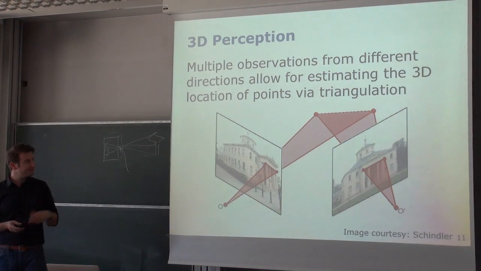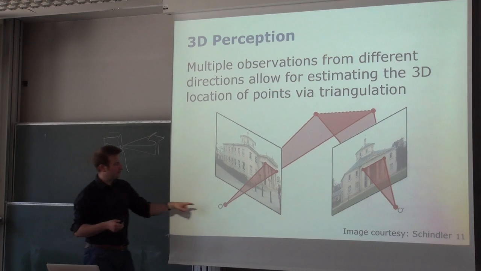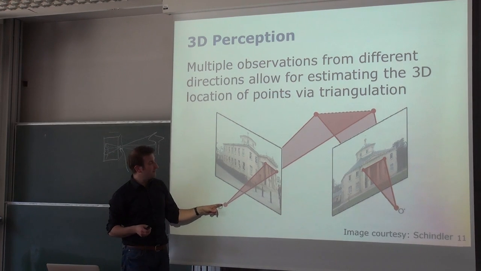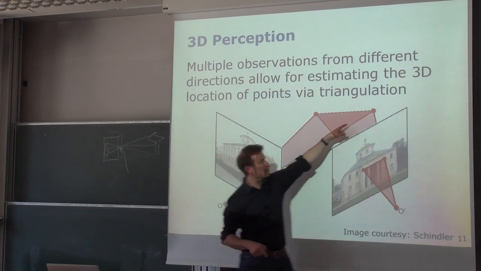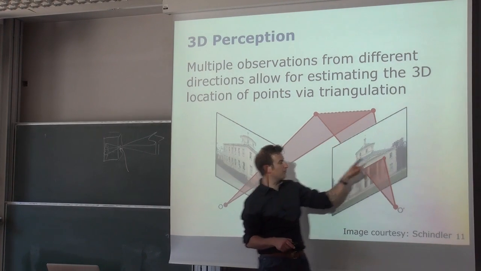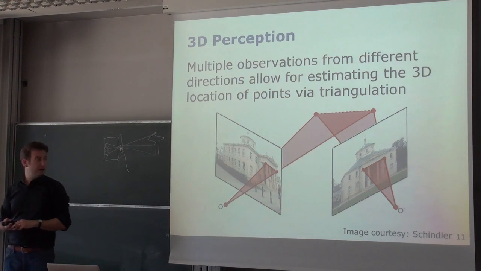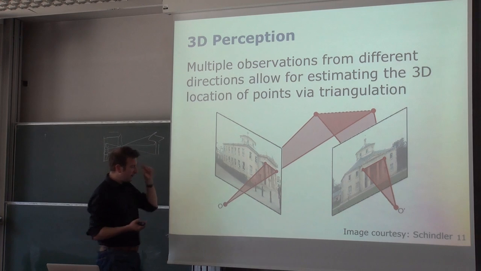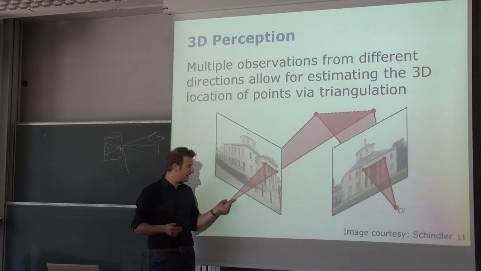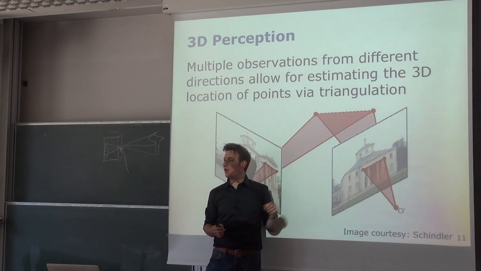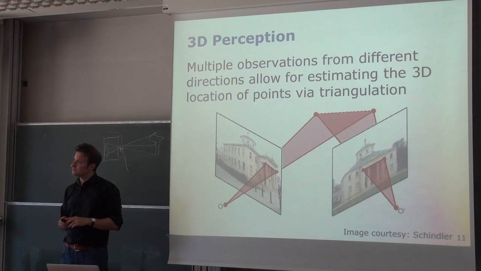Only if I have multiple images taken from different locations, like in this example over here, if this is the location of camera 1 and camera 2, and by triangulation, if I know the corresponding points between both images, I can actually estimate the depth information. And what we want to look into today is how can we actually describe this projection, or this fact that I have a point which somewhere lies along this line, in a very nice way.